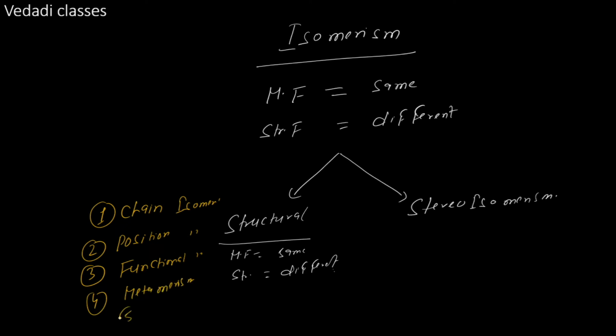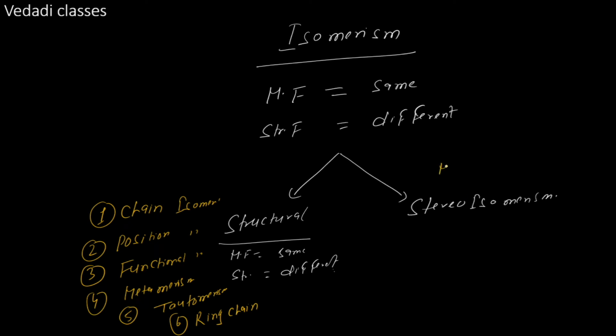Fifth is tautomerism. And sixth is ring chain isomerism. So how many structural isomerisms do we have? We have 6: chain, position, functional, metamerism, tautomerism, ring chain isomerism.